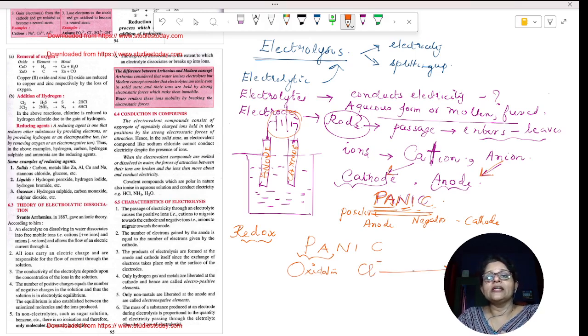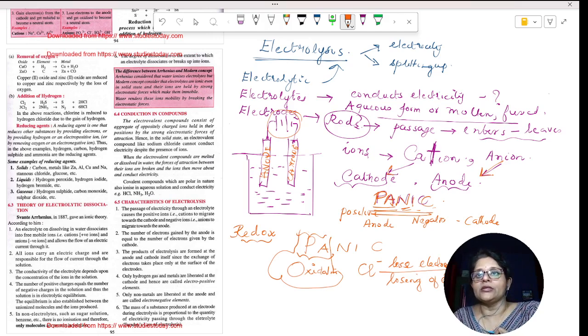They have the tendency to lose electrons because they have an extra electron. Losing of electrons is called oxidation. So at the positive anode, oxidation of the anion takes place to give the corresponding element.